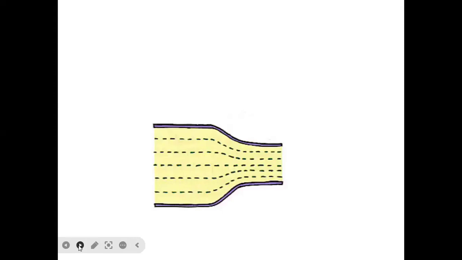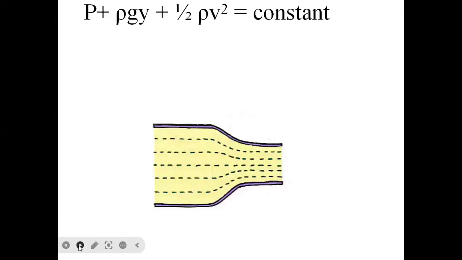This is the fluid moving in a tube. So pressure P, and here actually this is the Bernoulli equation, and this total will be constant.